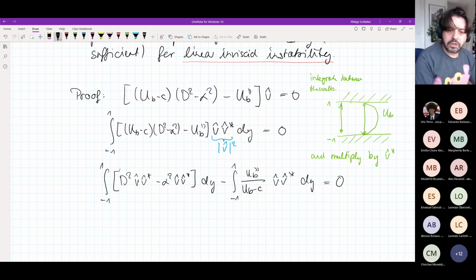And this should be 0. So this is just the same integral rewritten.